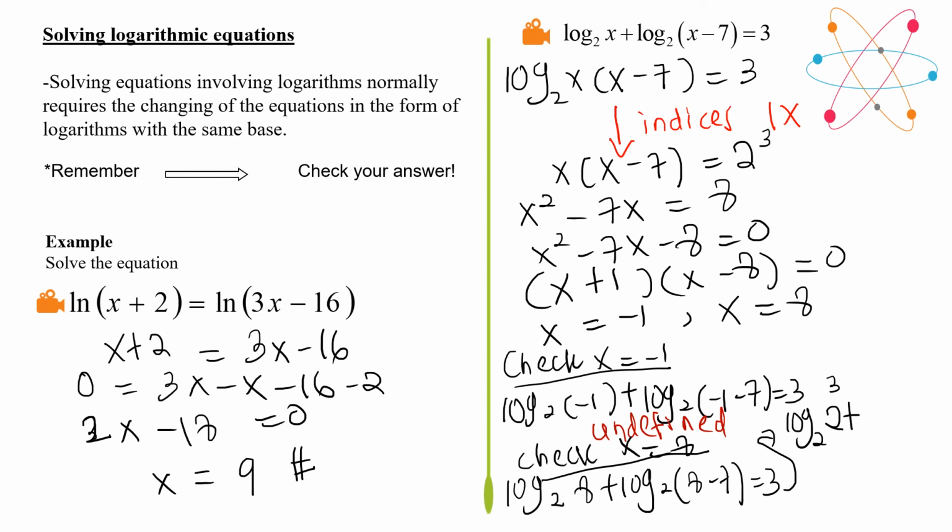It becomes log 1 base 2. Log 1 base 2 is 0. Next, refer to the rules of logarithms. Log 2 base 2 is 1. 3 times 1 is 3. Now, the left-hand side equals the right-hand side. So we can conclude x equals 8 is the only solution.